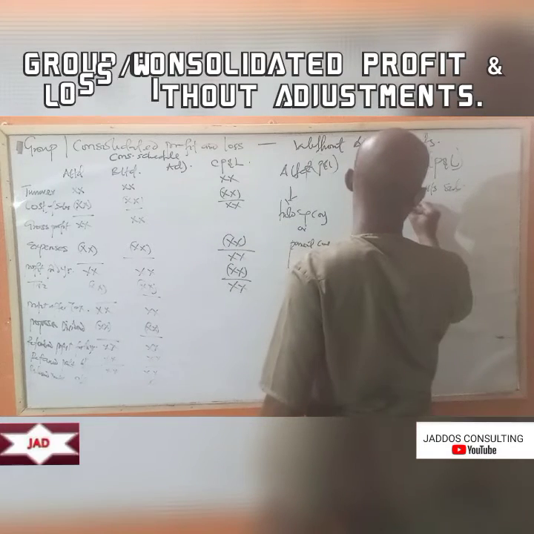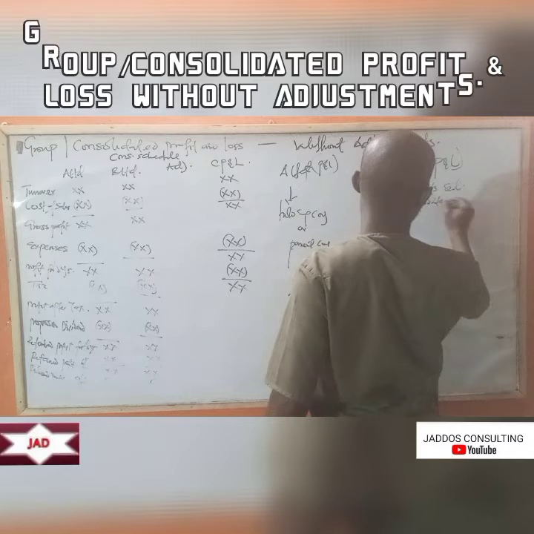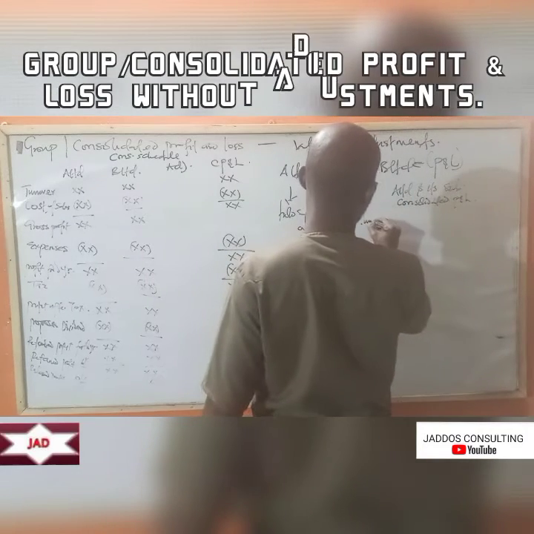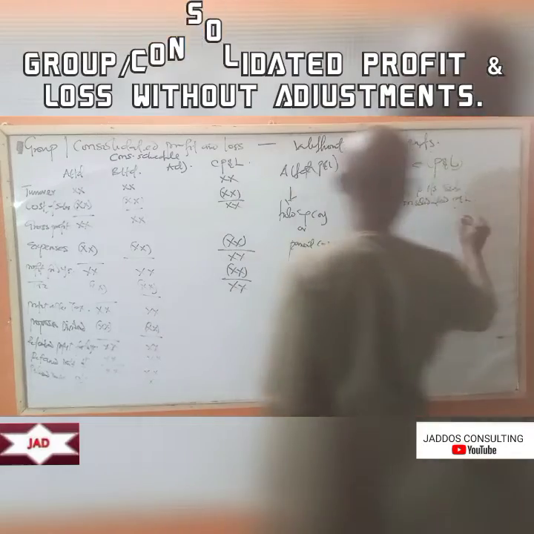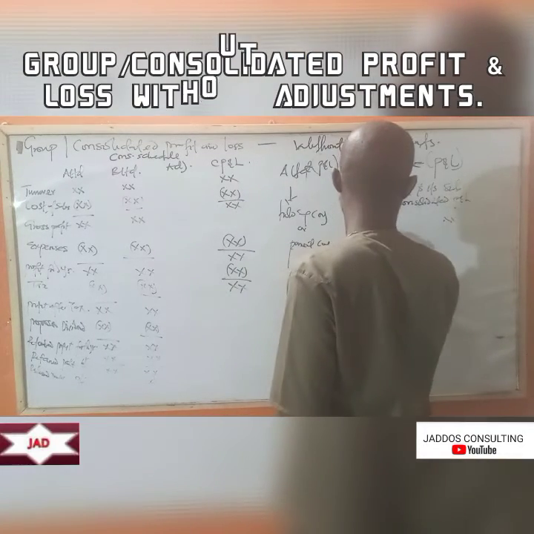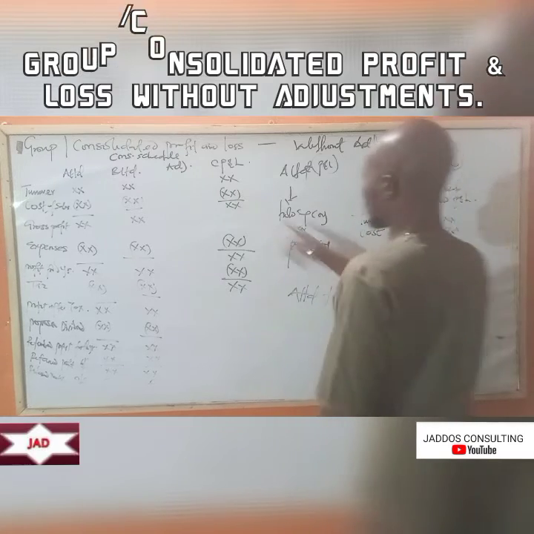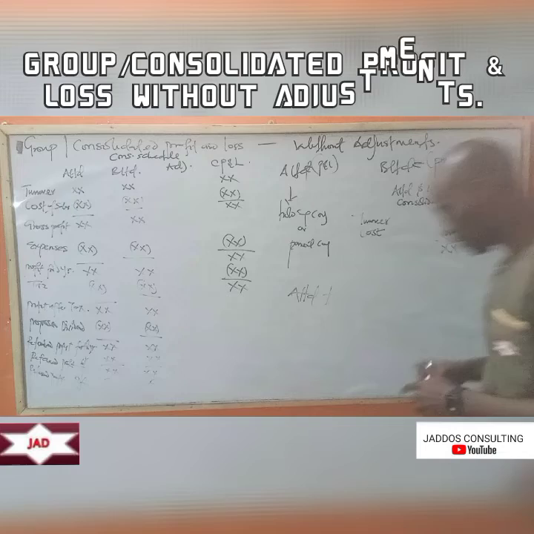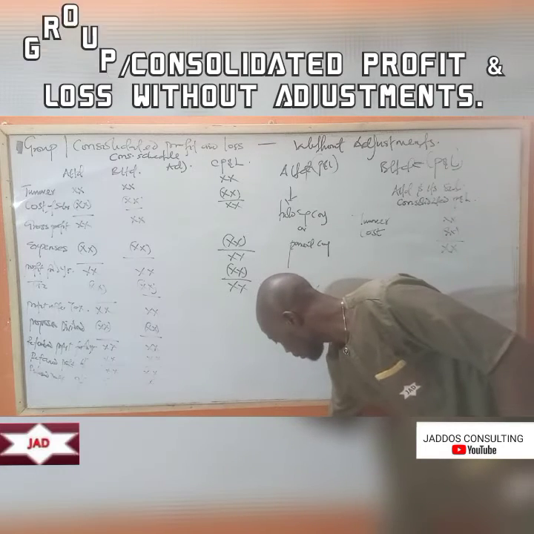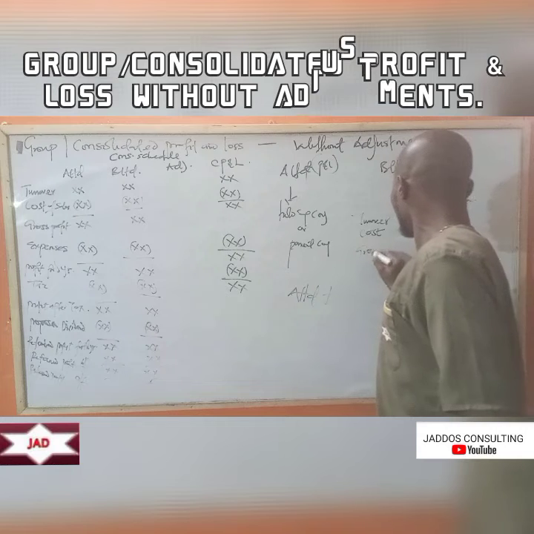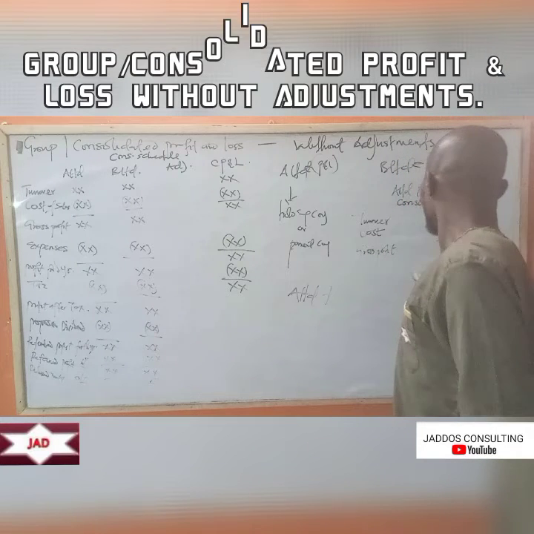We have consolidated profit and loss. So that means your turnover will be this. Your cost of sales will be this. So you have this. This is your gross profit. Okay?